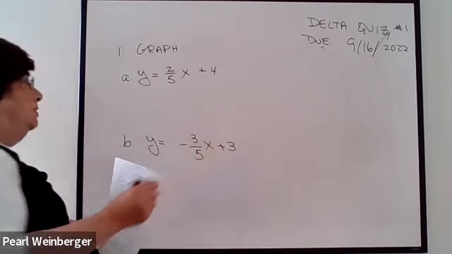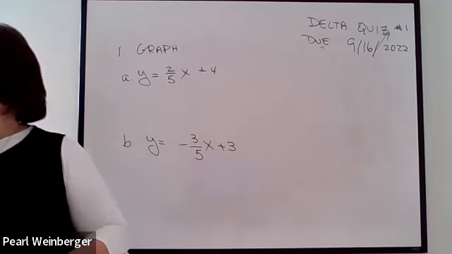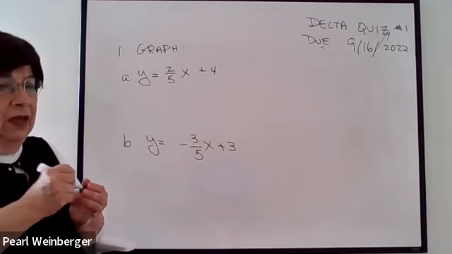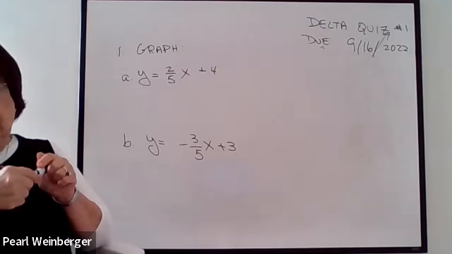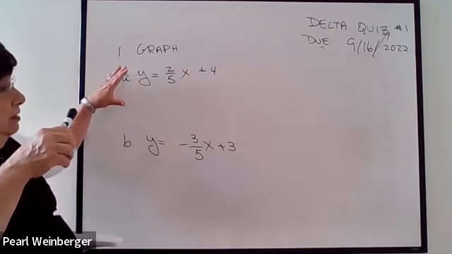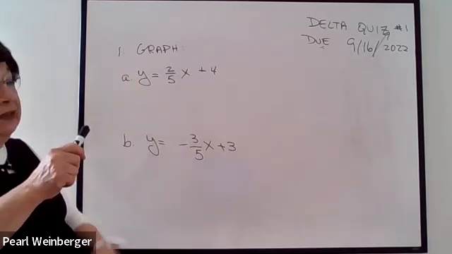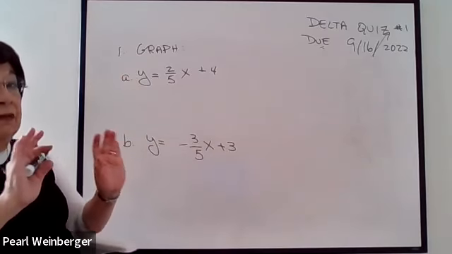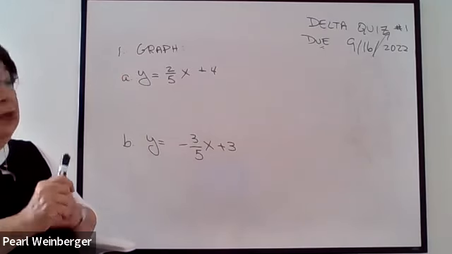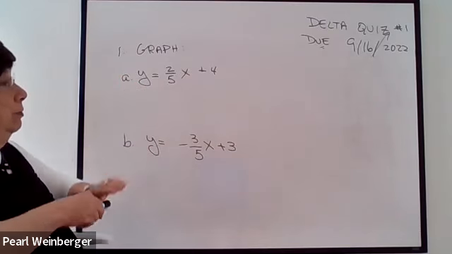I think that was it. I should keep notes myself. In any case, let's look at these two lines. I'm giving you both of these lines. They're two different lines. They're in the slope-intercept form because they both say y equals.